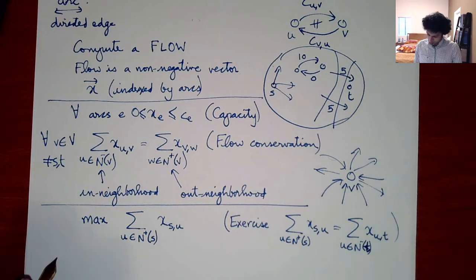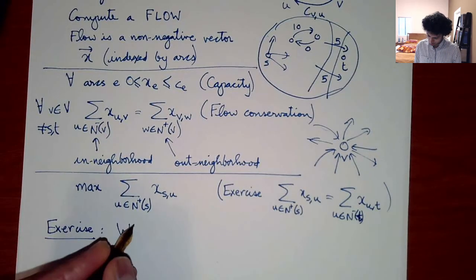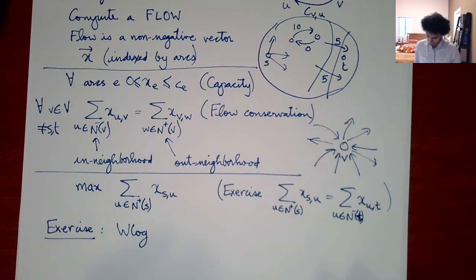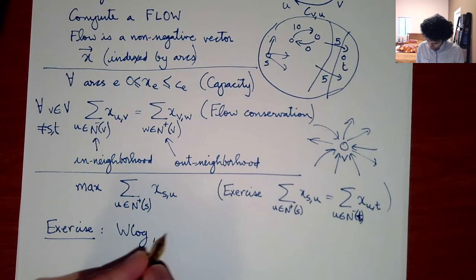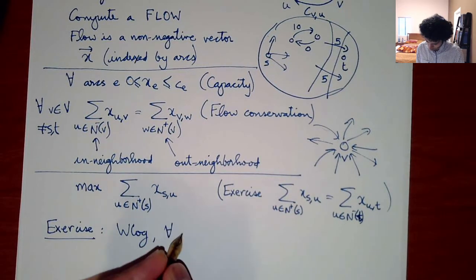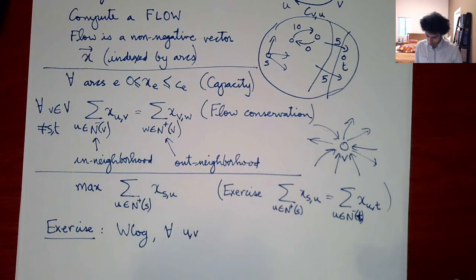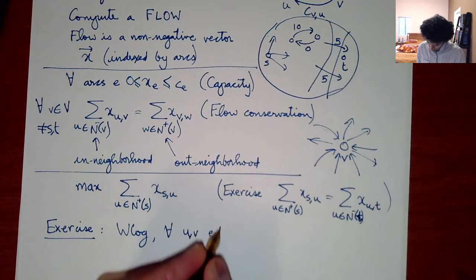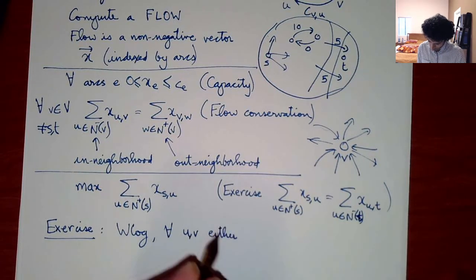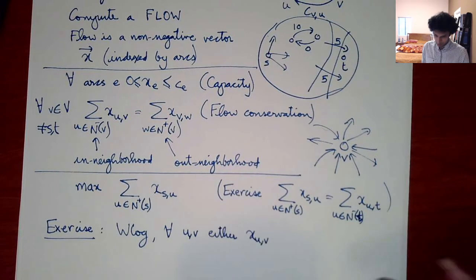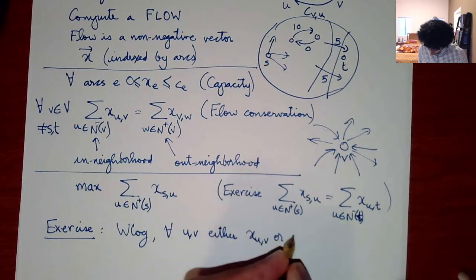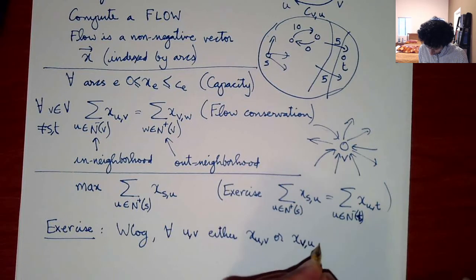Another small exercise is to show that, without loss of generality, for all vertices U, V, either X_UV or X_VU is 0.